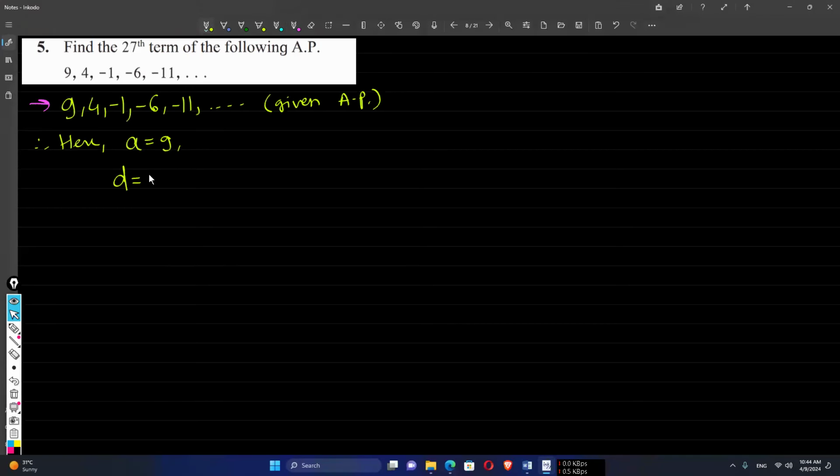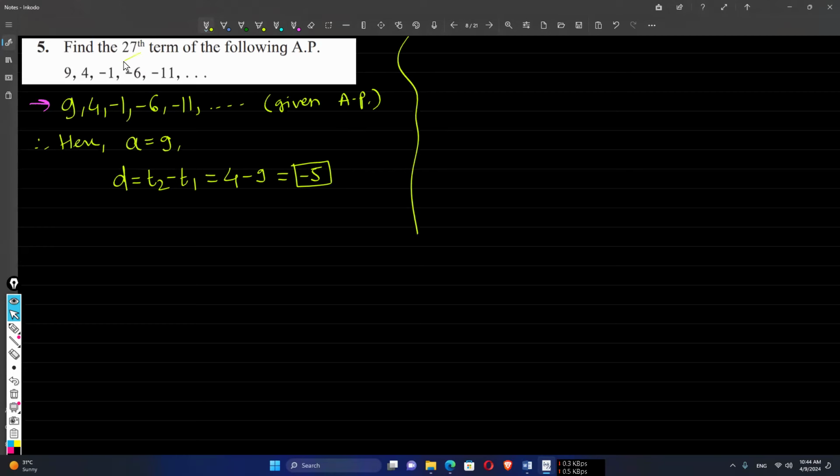D means the common difference, which is equal to the second term minus the first term, meaning 4 minus 9, which will give us the number negative 5. So negative 5 is the common difference in this arithmetic progression.